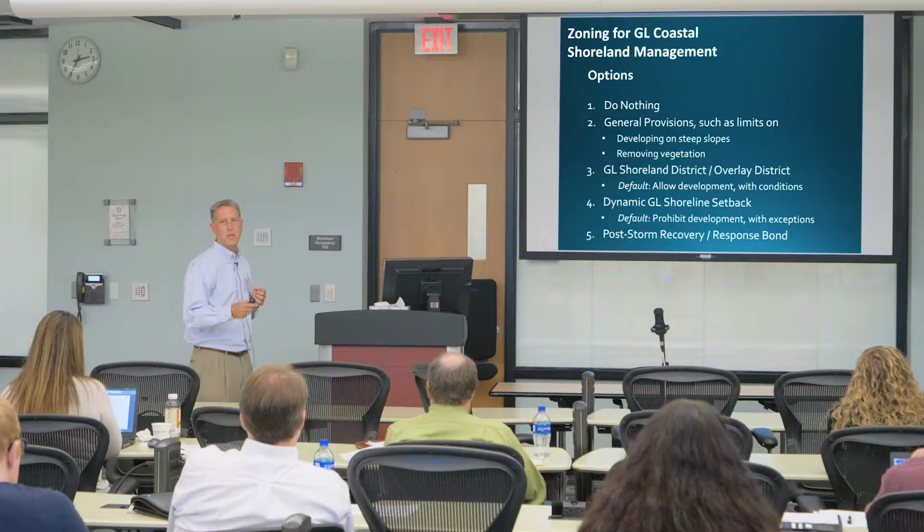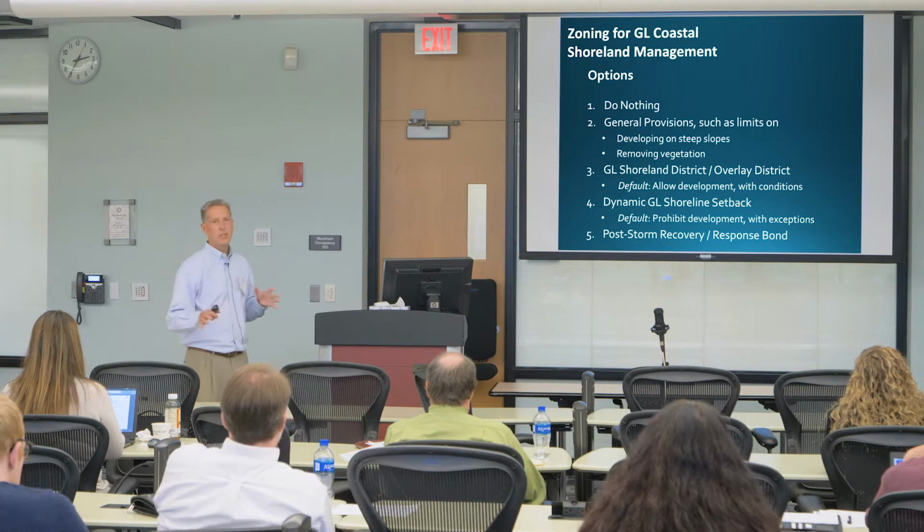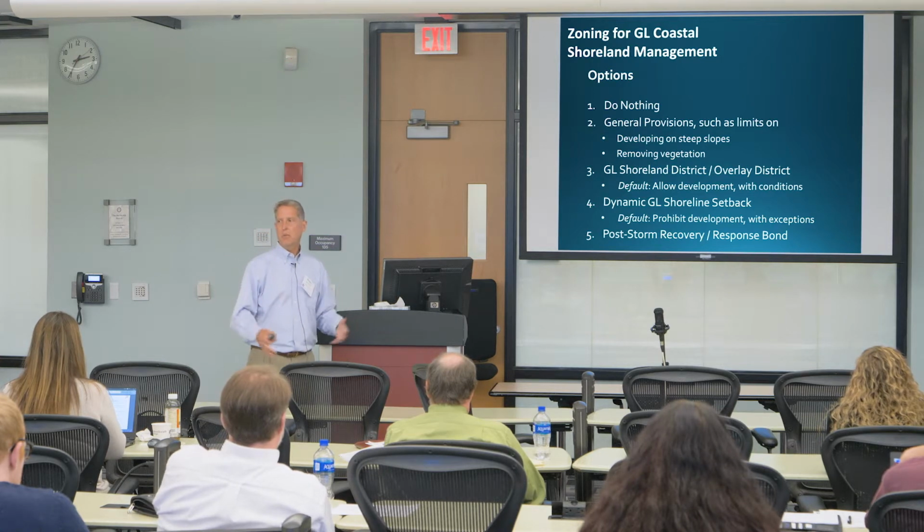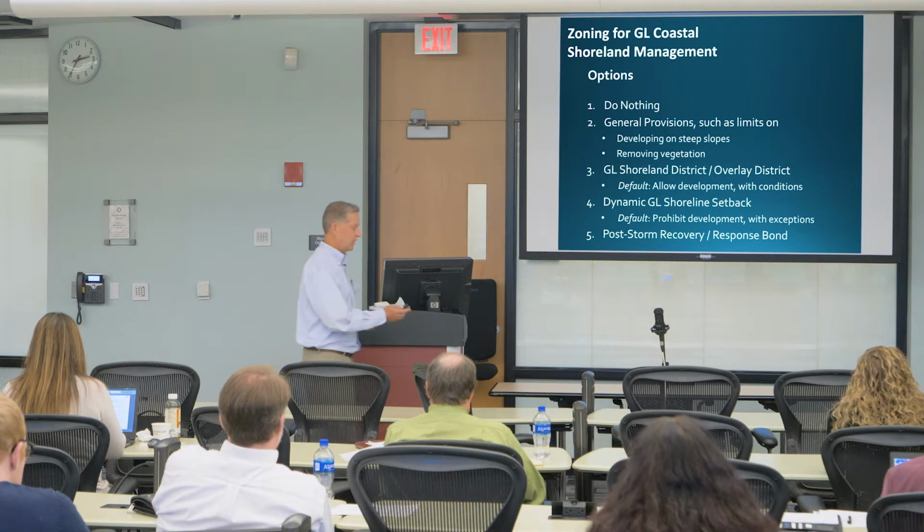Why don't we start requiring shoreline property owners to post bonds to pay for the mess once the house gets taken by the lake? I don't know of any place that's done it, and I'm not sure. I've had some lawyers tell me, yeah, that could work, and others tell me, no, I'm not sure that could work. I'm putting it out there because that's something I want us to be talking about. Maybe that's a policy option that we start thinking about.